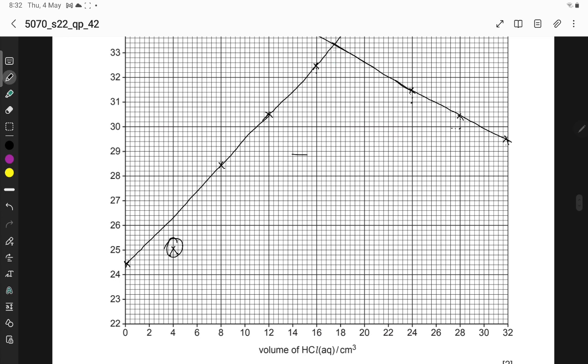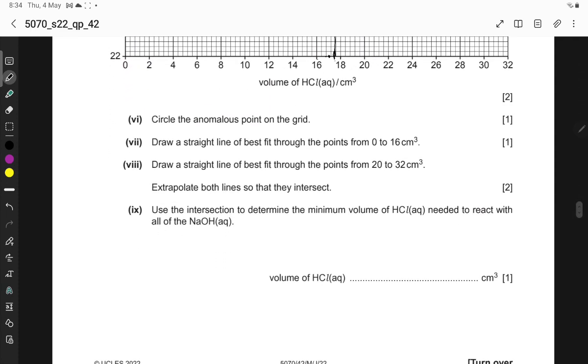So this is the minimum volume. In the middle of the 5 line, this is 17, so it is around about 17.5.